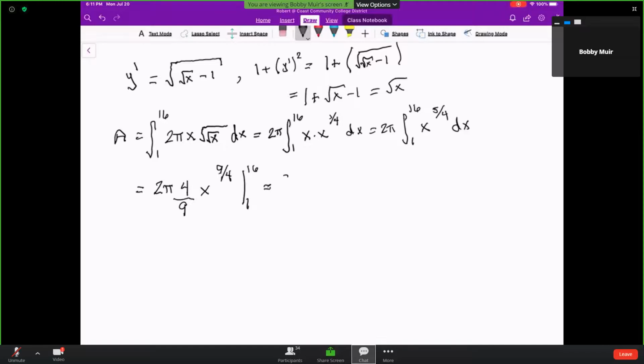And so that's going to be 8 pi over 9 times, the 4th root of 16 is 2, raise that to the 9th power, 2 to the 9th, then we subtract off a 1. And just to finish it off, that's going to be 511. And then for you guys that multiply the whole thing out, 8 pi over 9 times 511.